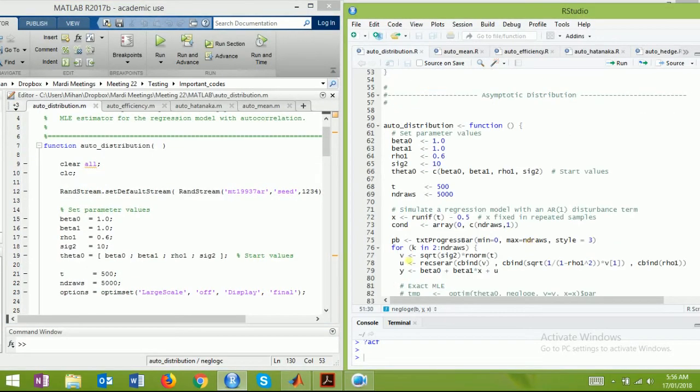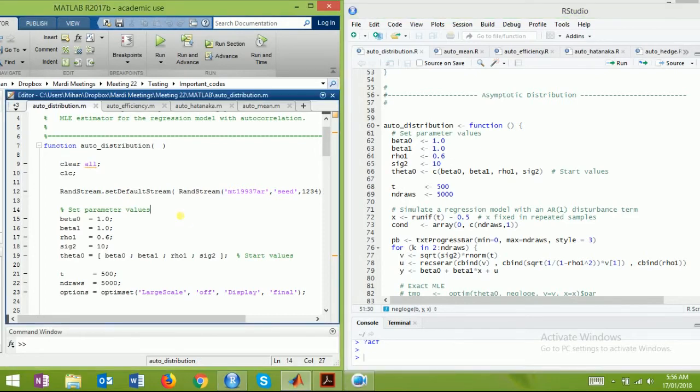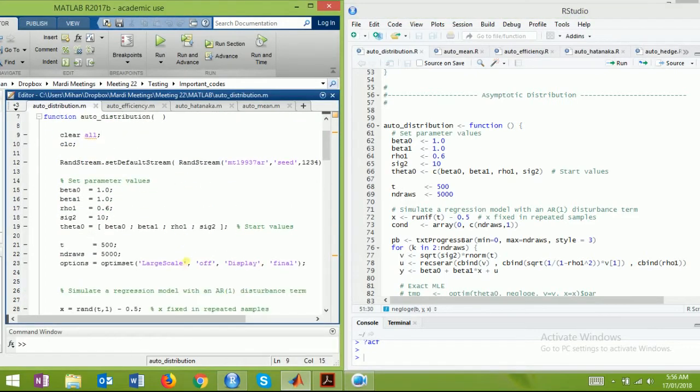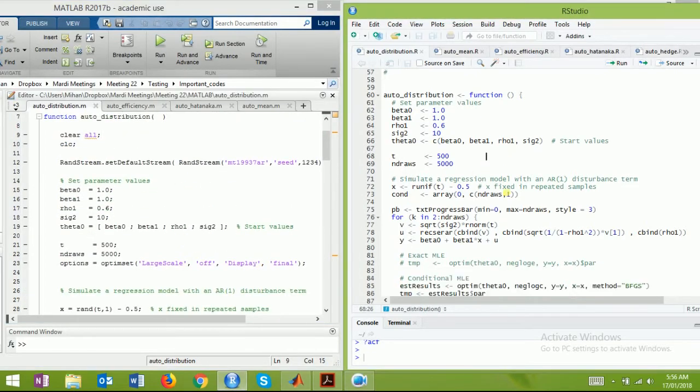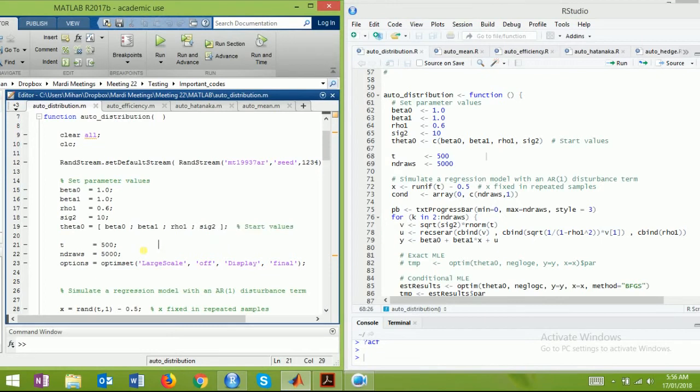Now let's do the simulation. First set the parameter values. We have been given some values for our parameters. We set them. We set the starting values, which is theta naught. Our number of simulations is 500.